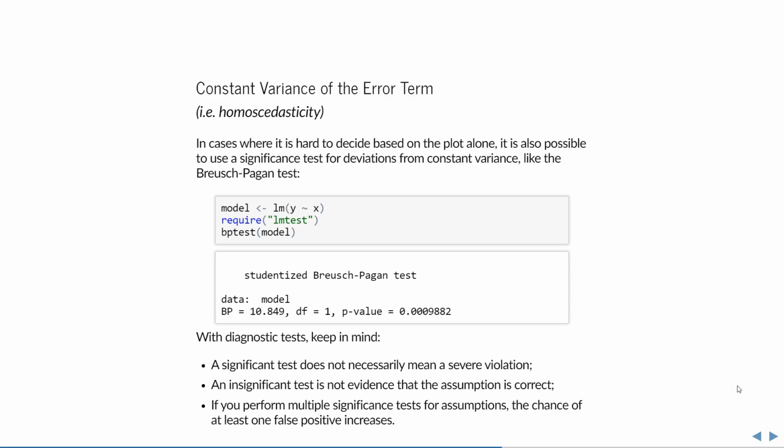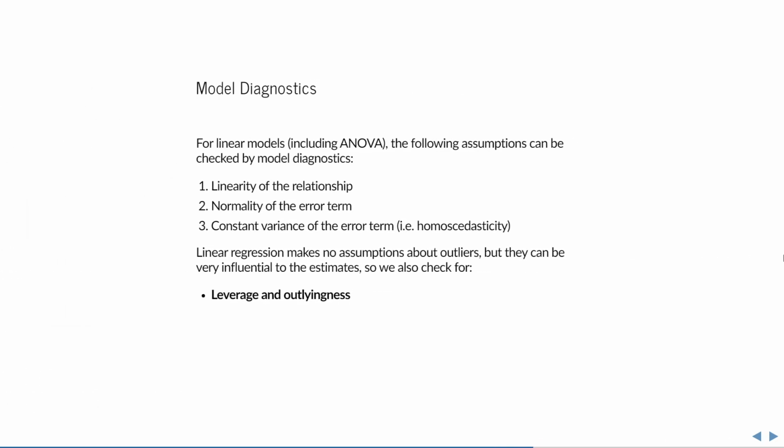And also, if you perform multiple significance tests, so let's say that you already checked for normality and you checked for linearity, and now you're checking for this one, that's already 3 chances to get a false positive. So the overall chance that at least one of them is significant, even though there is no violation in the model, will increase.